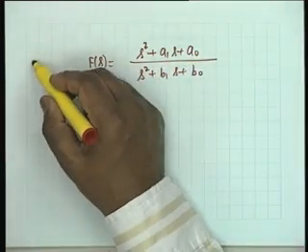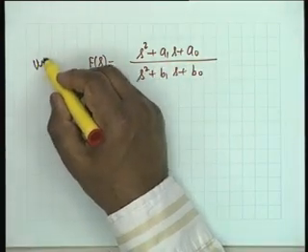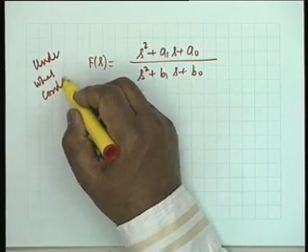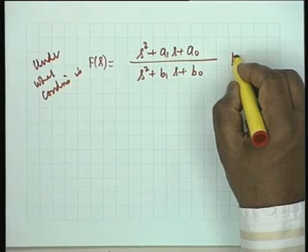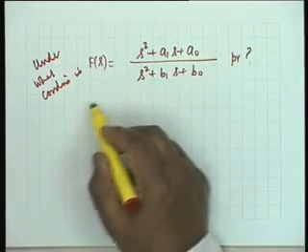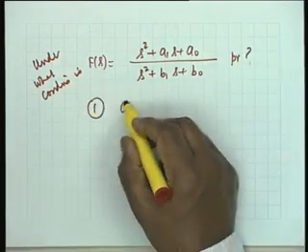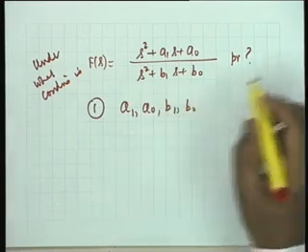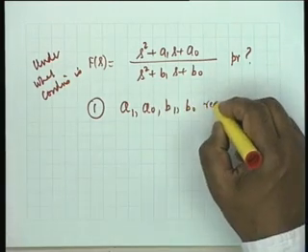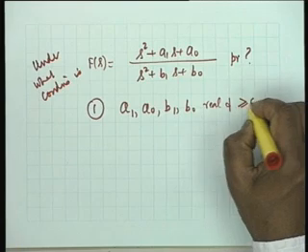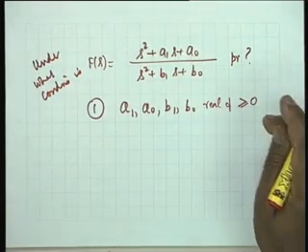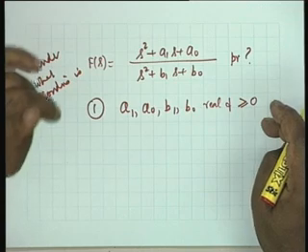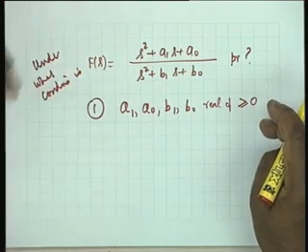We asked the question, under what conditions is this PR? You see, the first thing we say is that a0, a1, b1, b0 must be real and non-negative, not strictly positive. Some of them can be 0, but you have to be careful which one can be 0, which one cannot be.